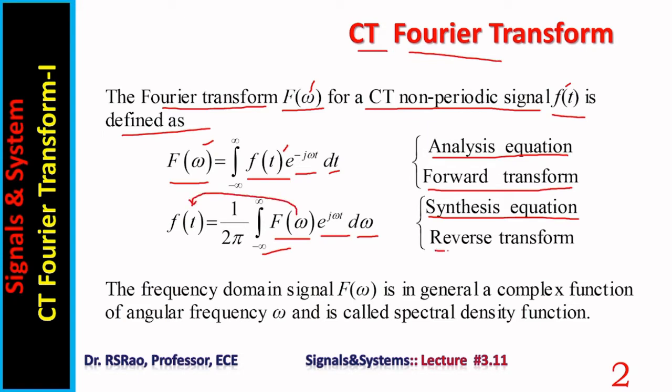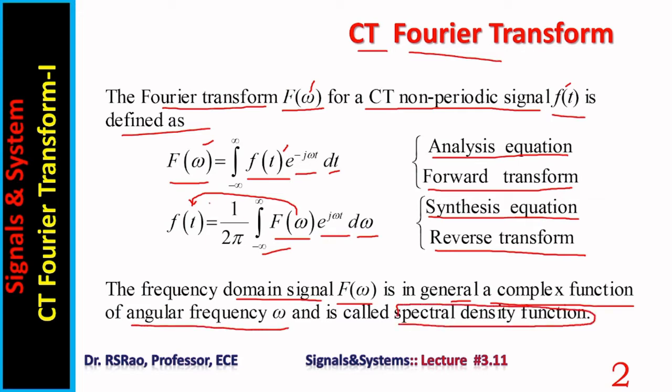It is called reverse transform. The frequency domain signal F of omega is in general a complex function. It's a complex quantity depending upon angular frequency omega. It is called spectral density function. The name of F of omega is spectral density function.